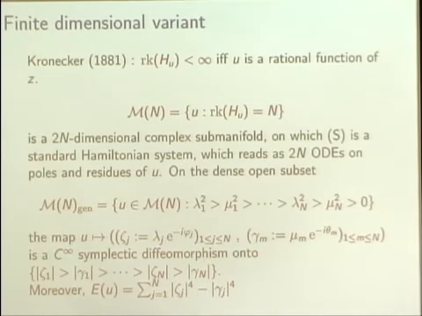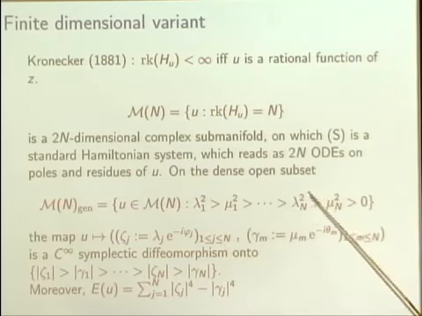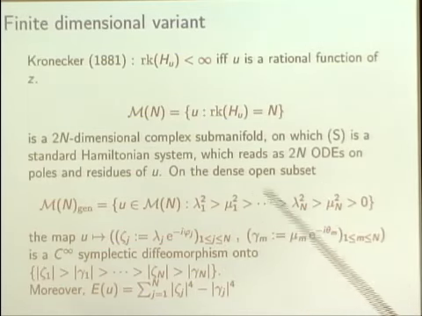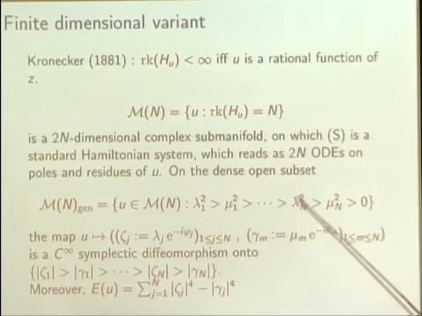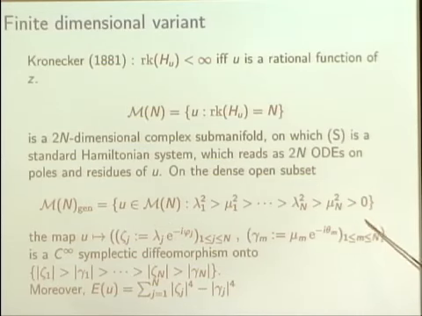Okay. So if you look at the open subset, you have the same kind of generic sets, but now it's a dense open subset, except that of course you only have n non-zero eigenvalues, since it's a finite rank operator.